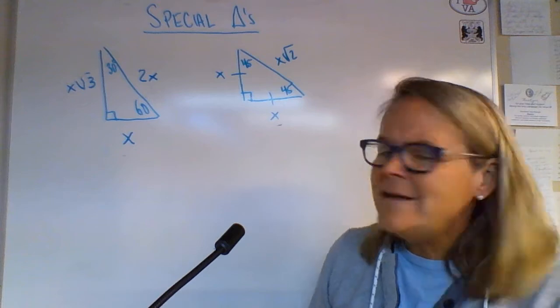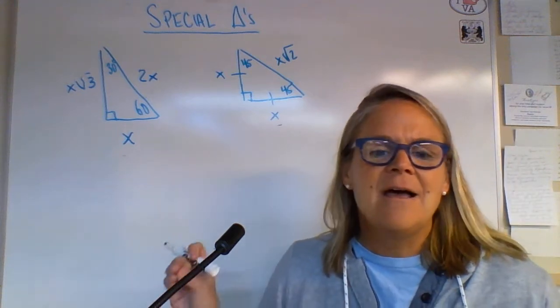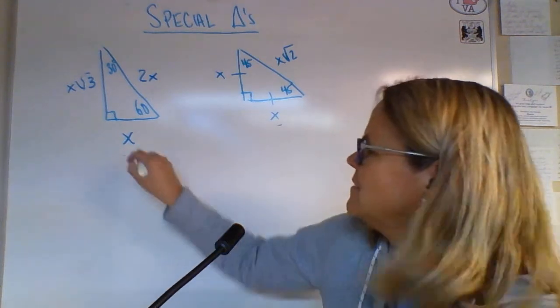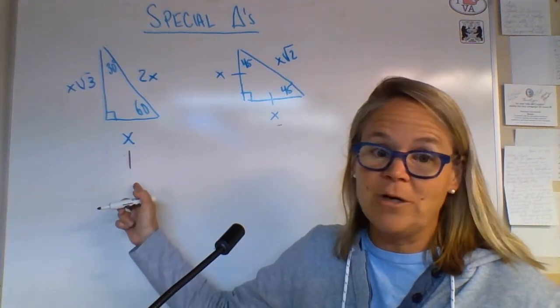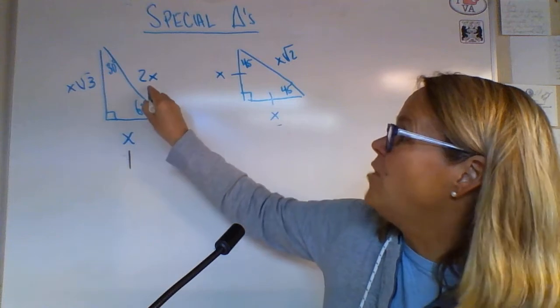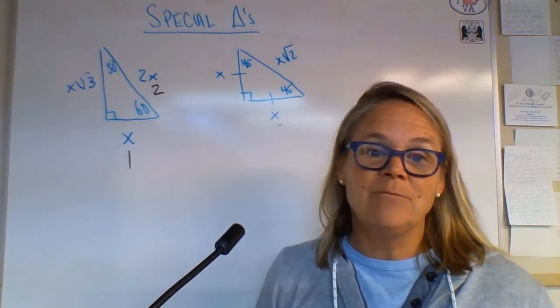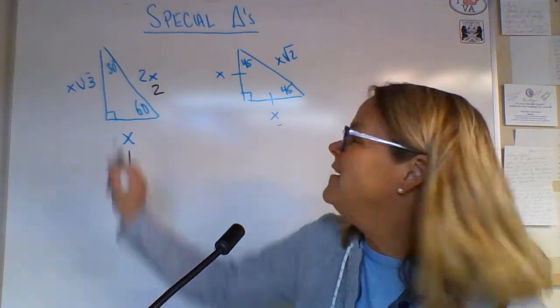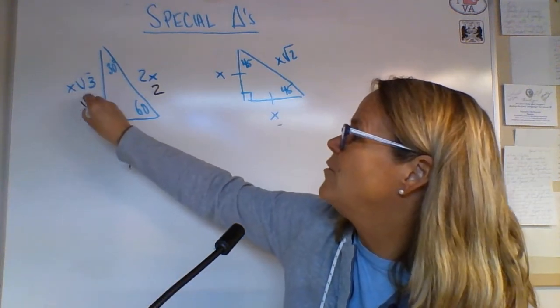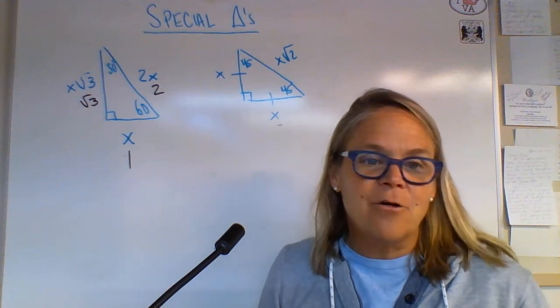So what we do is we say, let's assign x to be 1. Well, if I assign the short side as 1, the long side is 2 times 1, which is 2. The long leg is 1 times radical 3, which is radical 3.